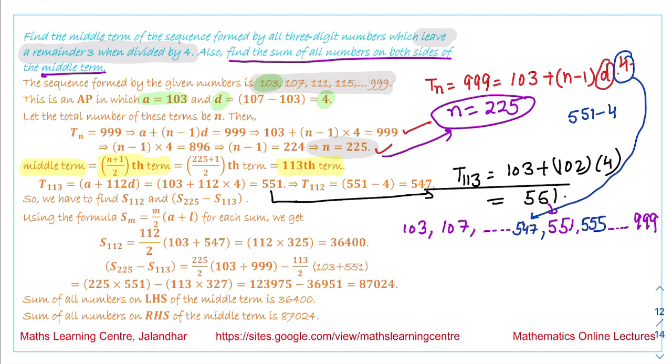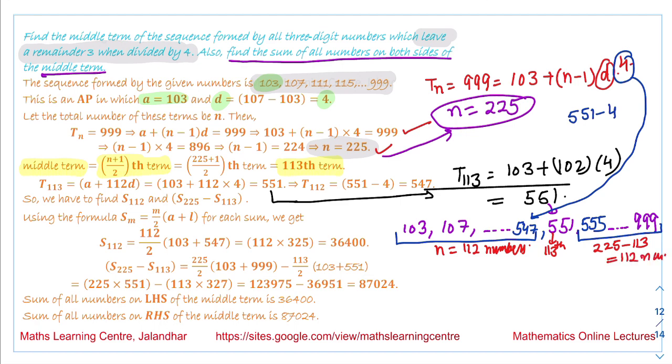So we have to find the sum of the numbers on both sides of the middle term. How many numbers are there? There are 112 numbers on the left. This is the 113th number. And how many numbers will be on the right? It is 225 minus 113, that is 112 numbers.